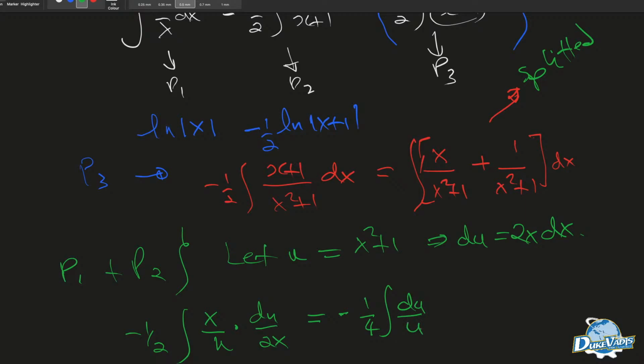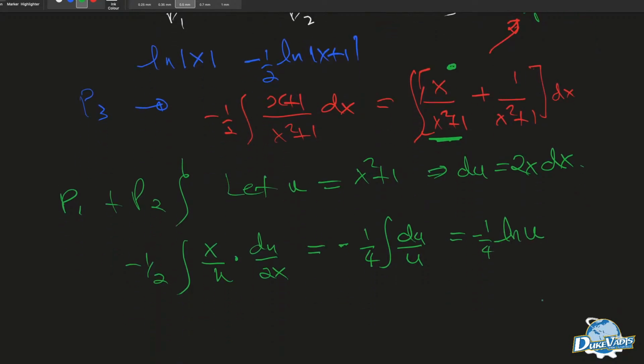As we broke it down, this is what we're concentrating on, because since we have x over x, we're integrating them differently. As we tackle that, we know this one will give us negative 1 over 4 natural log of u.